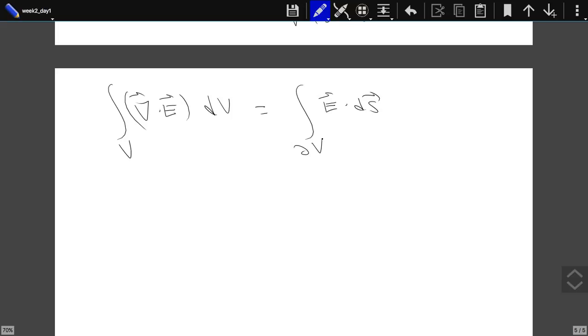So if you integrate the divergence of the electric field over that volume, then it should be equal to the integral of the electric field over the surface, where this ds vector is perpendicular to the surface and it is pointing outside.